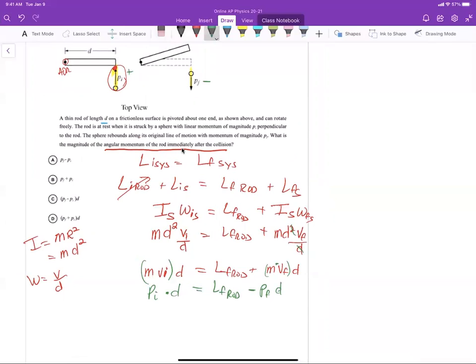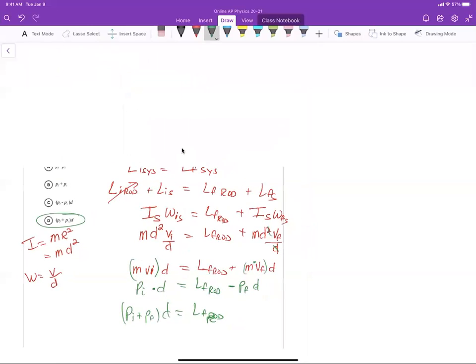Now, since I've subtracted it, I need to add it to both sides of the equation, and I will get P initial plus P final times D equals the final angular momentum of the rod, which would be D. Okay.